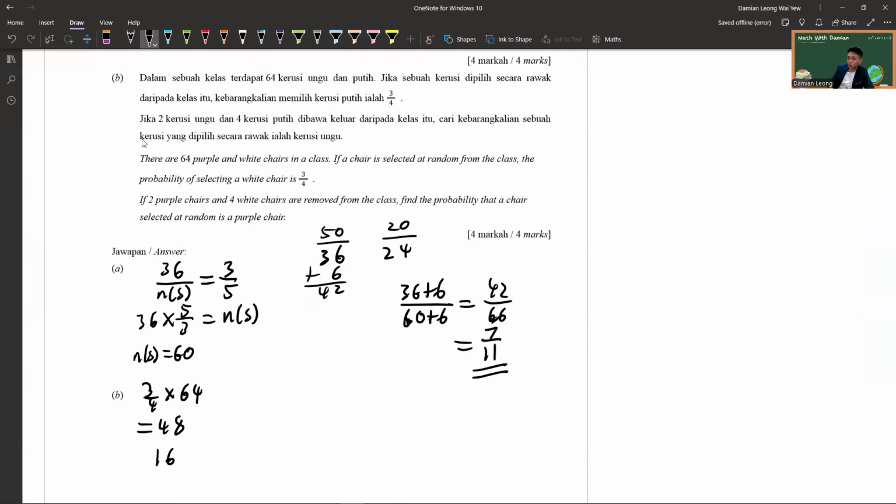So 16 minus 2 is 14. 48 minus 4 white chairs is 44. So the probability would be the number of purple chairs, 14, over the total number of chairs, 14 plus 44. 14 over 58.